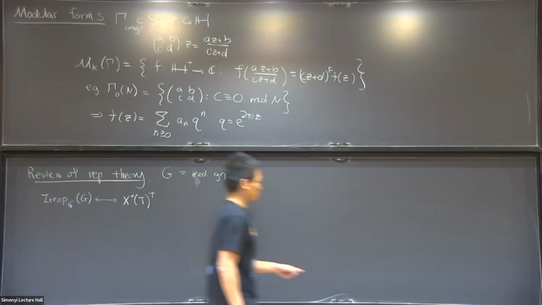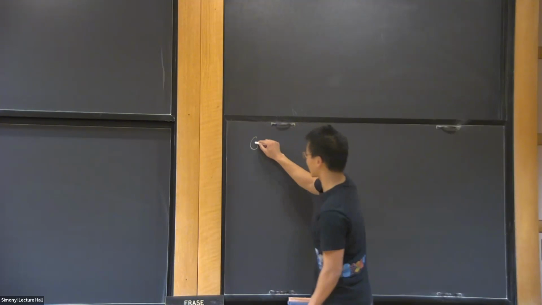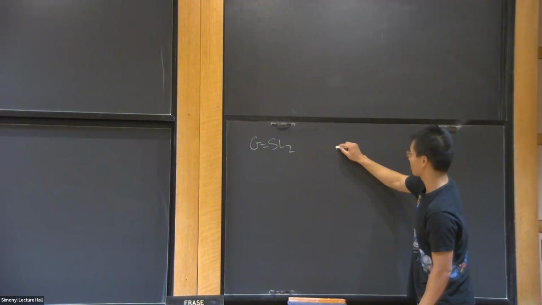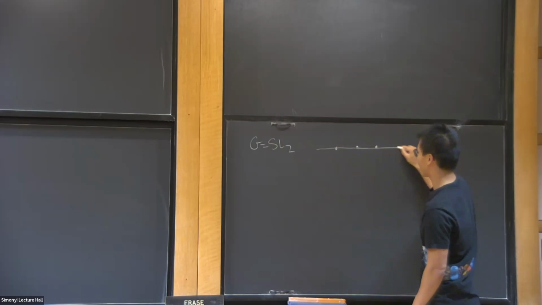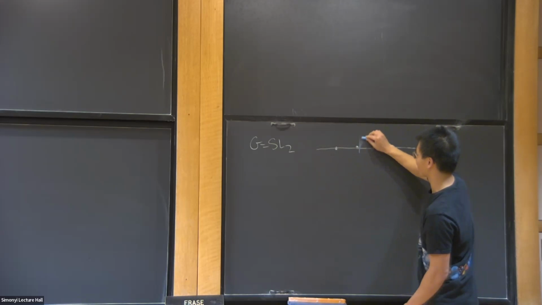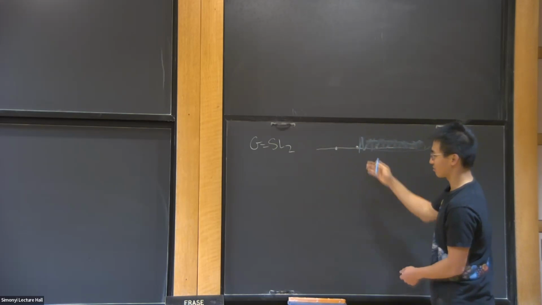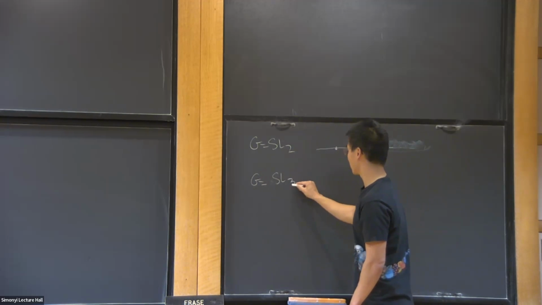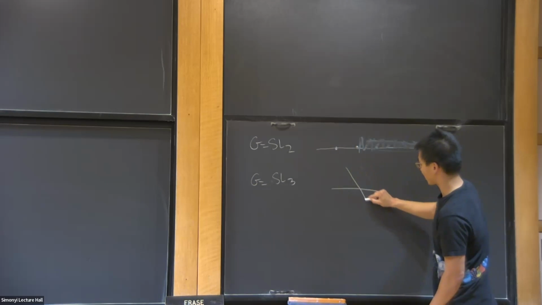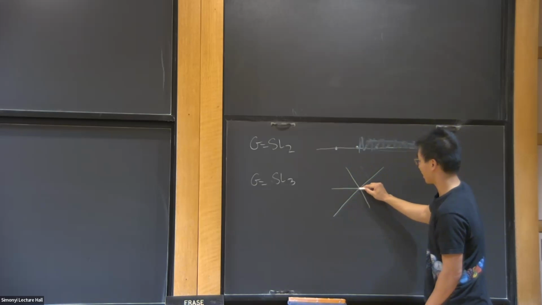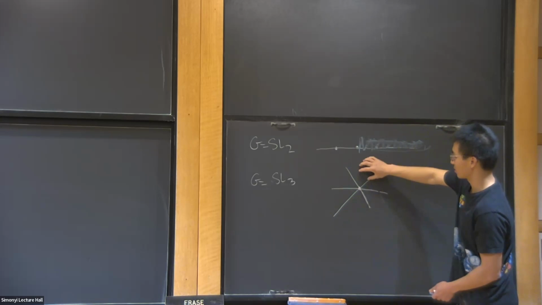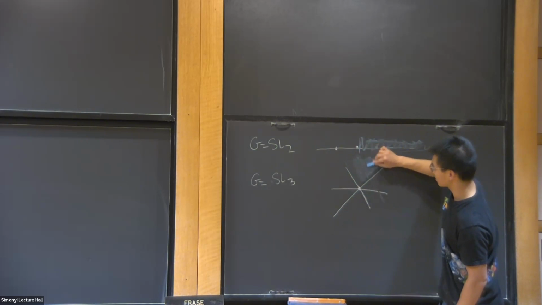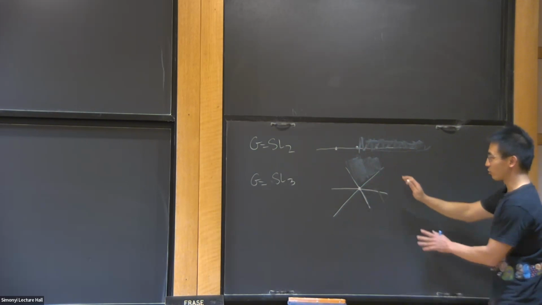So I don't know, maybe I'll just draw a picture here to remind. So when G is SL2, this X*(T) is the usual integer lattice. And the dominant ones are the integers that are non-negative. When G is SL3, then we're looking at the hexagonal lattice, and the lattice vectors in this cone, those are the ones which are dominant.